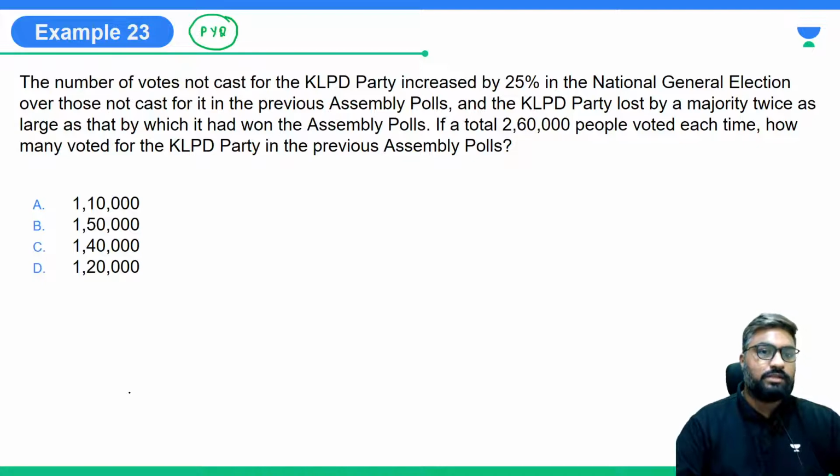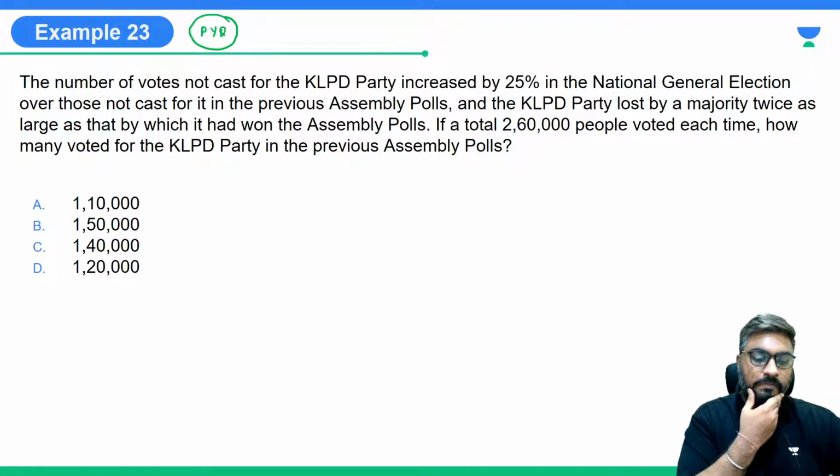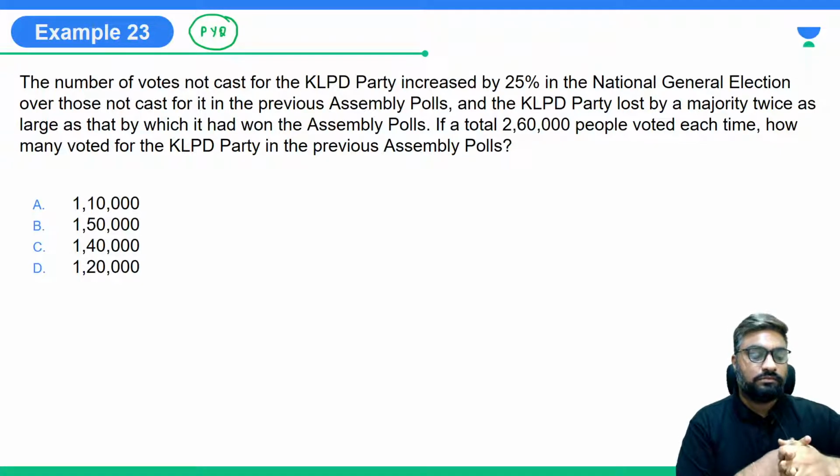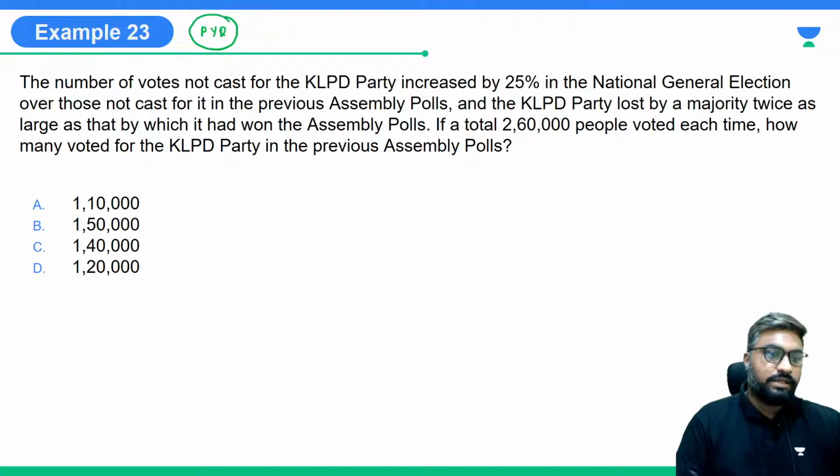If you all can solve this. Ritik says C, 1,40,000.